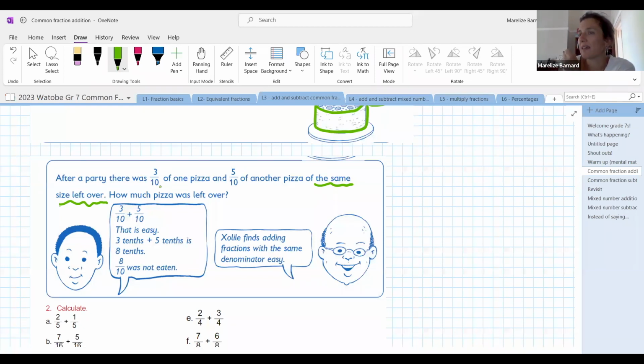Put it together and that gives me 8/10. Now I want you to notice here that we're just taking tenths. We're taking the same things and putting them together. We are not making something new by changing this to 8/20ths. Okay, I see some of you are saying it must be 20ths, but that's not right. We need to just add 3/10 and 5/10, and together I have 8/10.